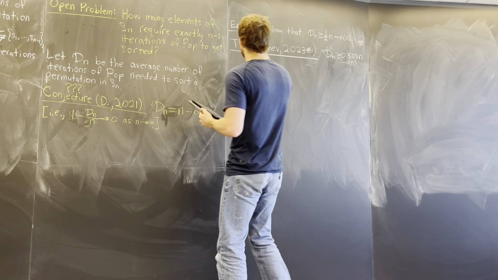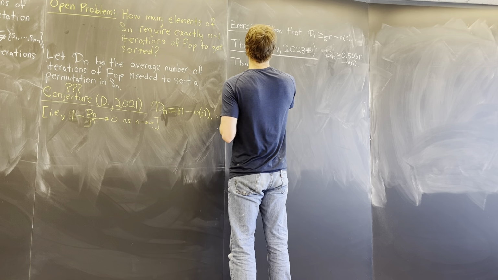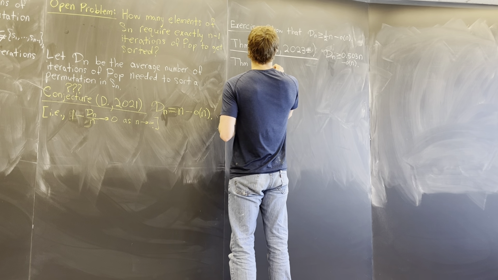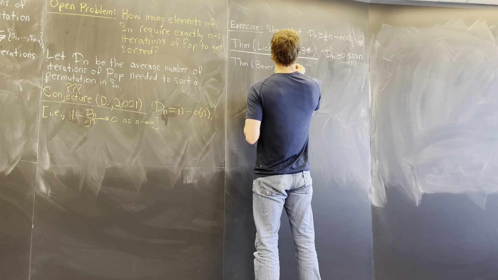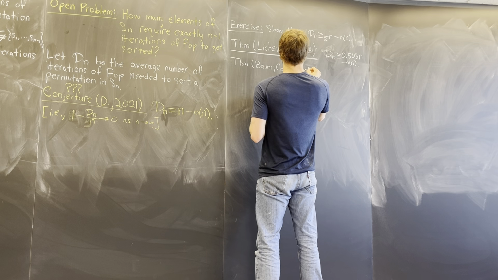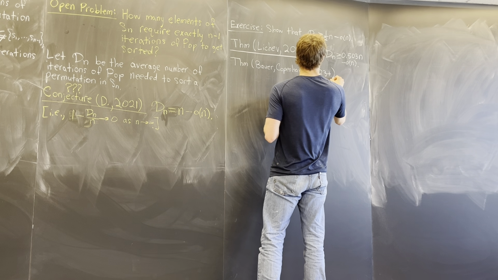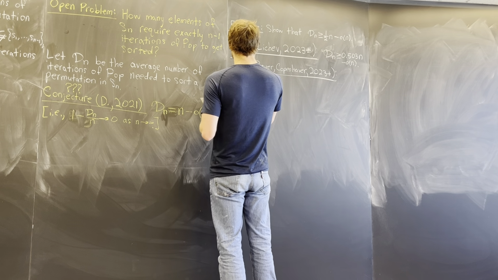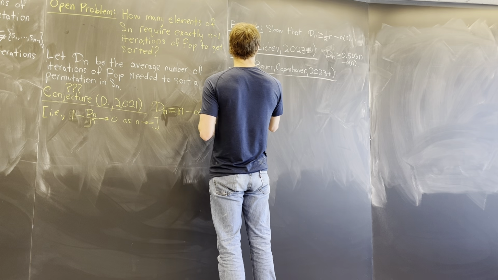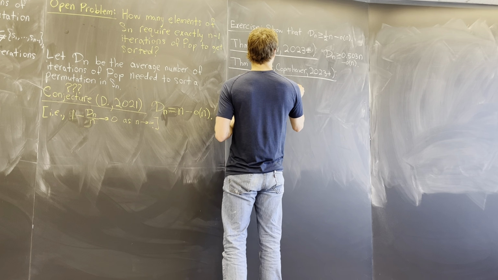But then actually, even more recently, there was another paper by Bauer and Copenhaver, claiming to show that d_n is at least 0.6 n minus little o of n.